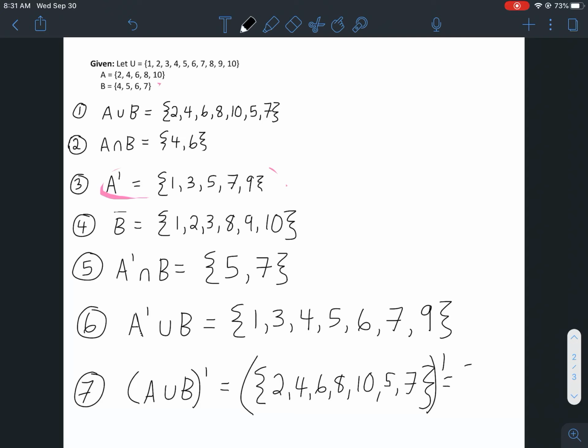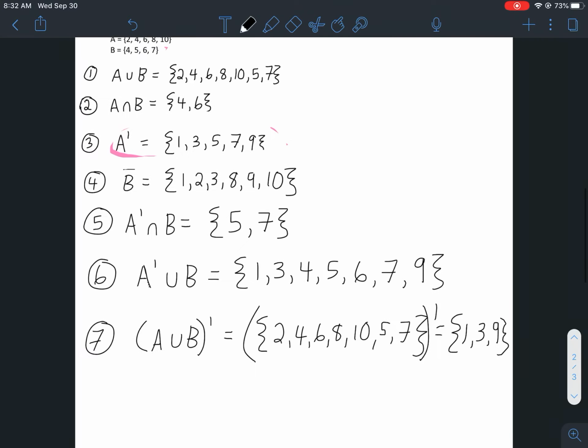So we know we have 1 in the universal set, and that's not in the part we just wrote down, so we can write that. It looks like 3 is also not in A union B, but it's in the universal set. And also the number 9 is too. So that's our answer right there. The only things that are in our universal set that aren't in A union B are 1, 3, and 9. Therefore, that's the complement.